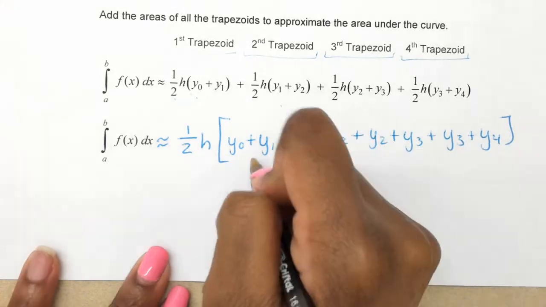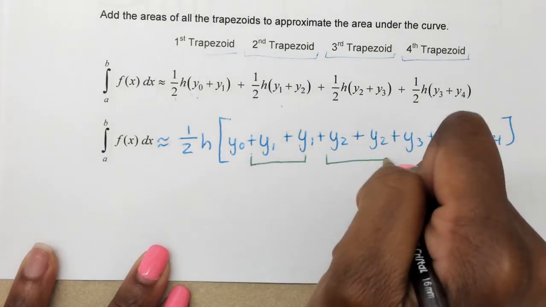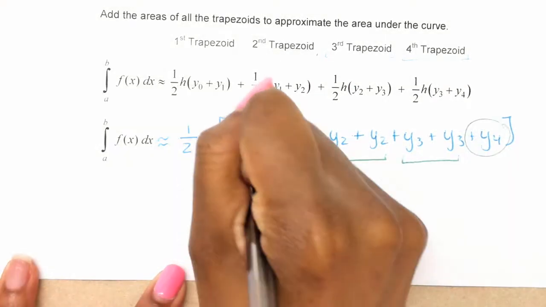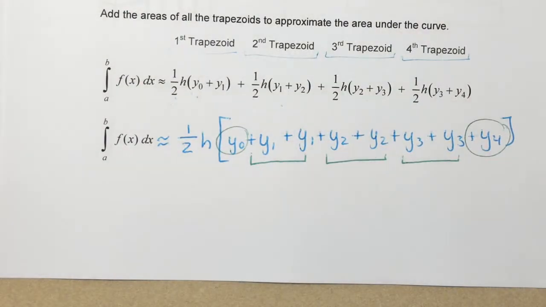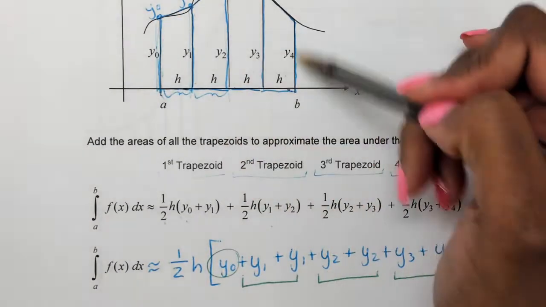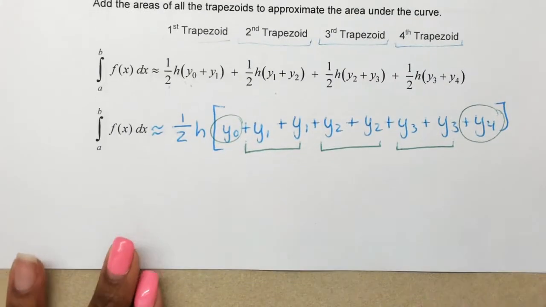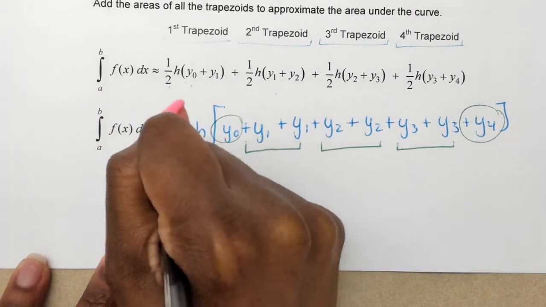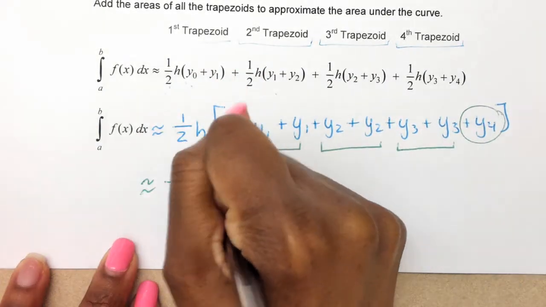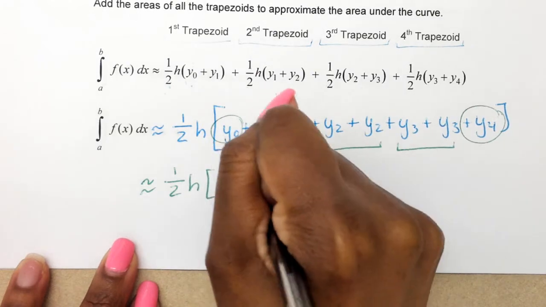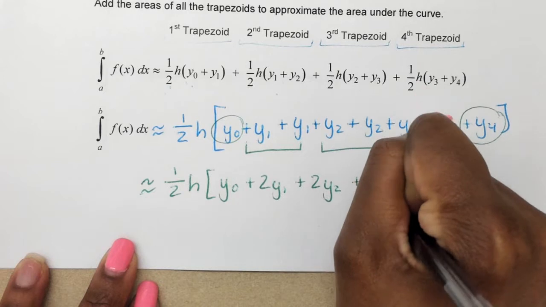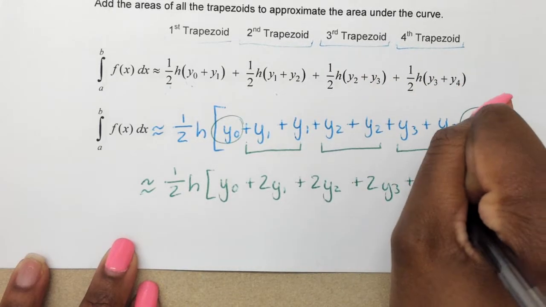If we look closely, we can see that my y1s occur twice, y2s occur twice, and y3 occurs twice. y4 and y0 both occur only once because they're the first y value and the last y value. So we can rewrite this as 1/2 h times y0 plus 2y1 plus 2y2 plus 2y3 plus y4.